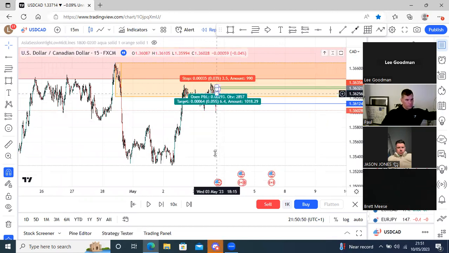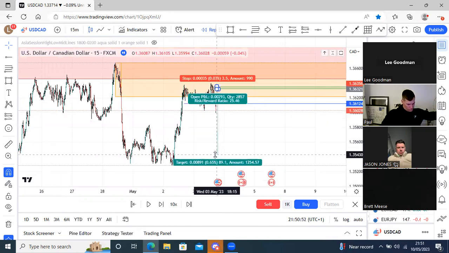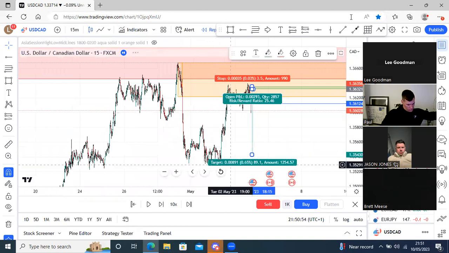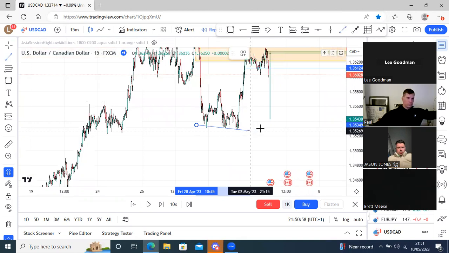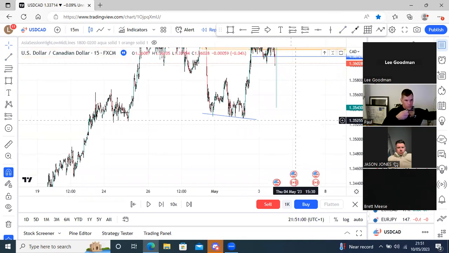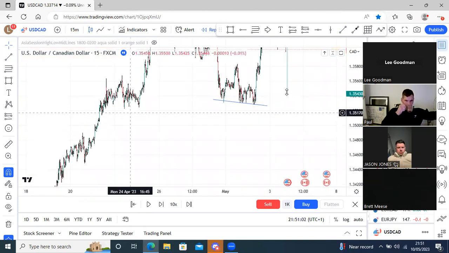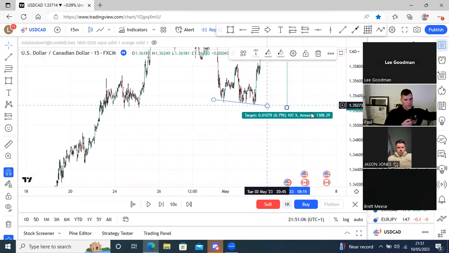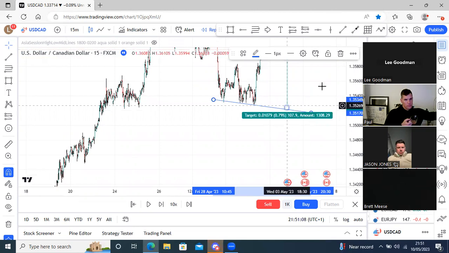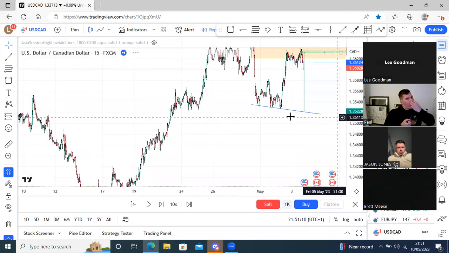Longer term, I'd be aiming for that, but you've got targets underneath here. So maybe think about at least extending that as a target. And obviously it could go further.